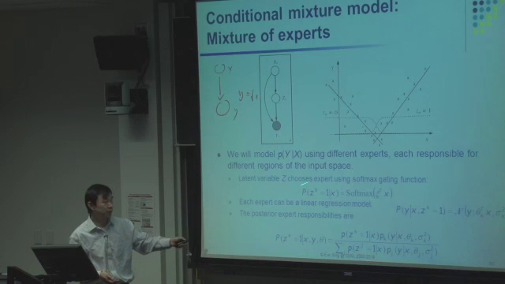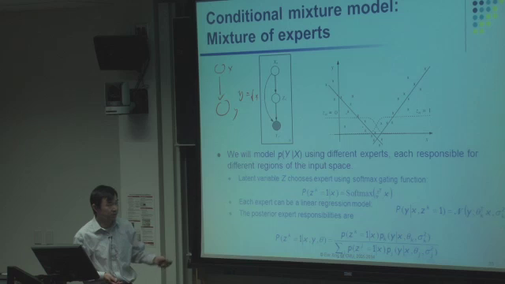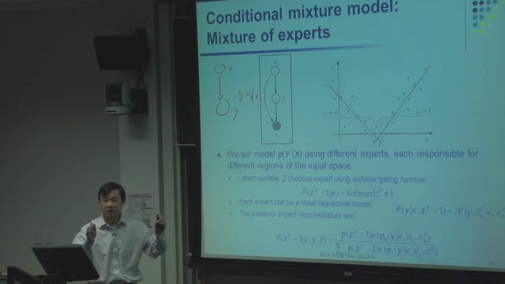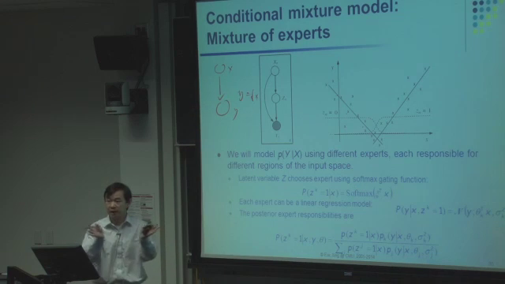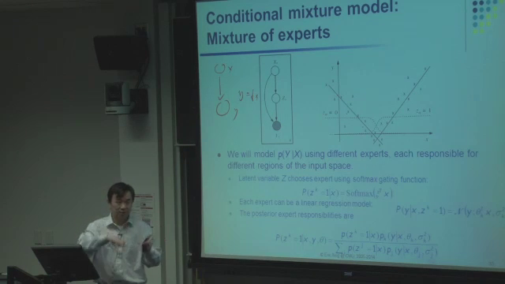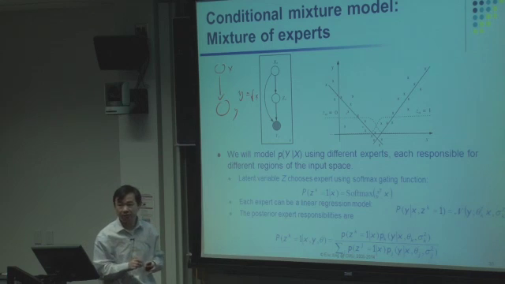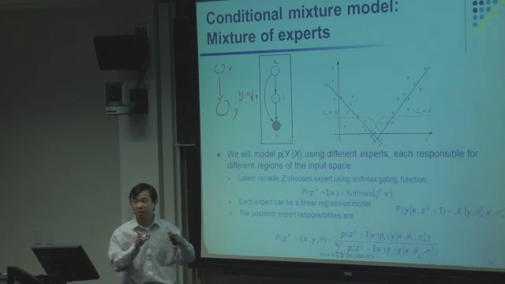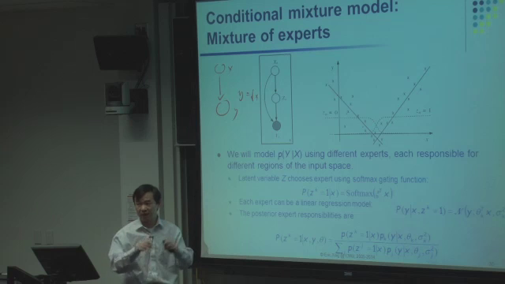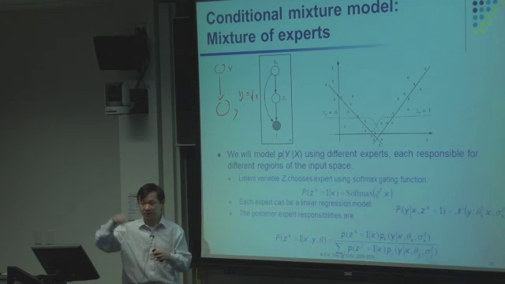For example, here you can have this z indicator function using something called a softmax function, which is a multi-way sigmoid function. Remember what a sigmoid function is? It's a logistic function we used for predicting binary probability. And the softmax is a multi-way probability prediction based on the same kind of 1 over 1 plus exponential of something.